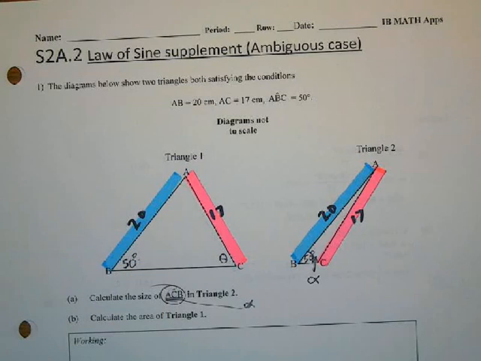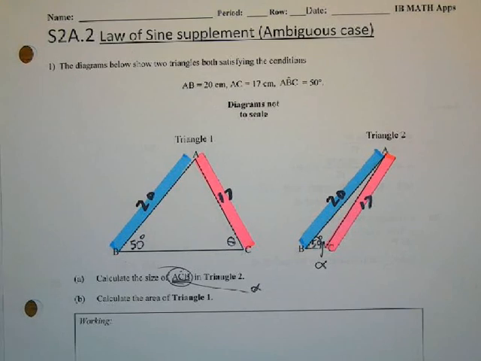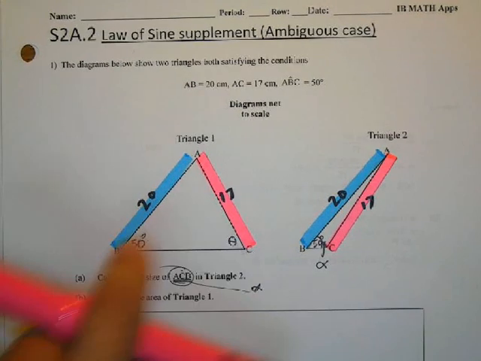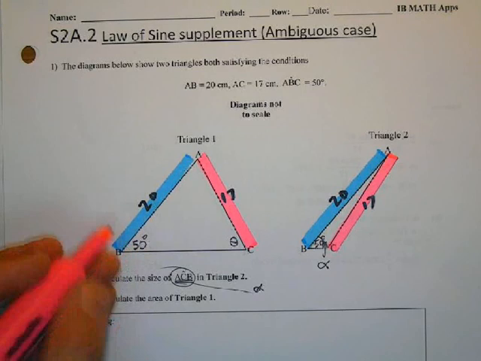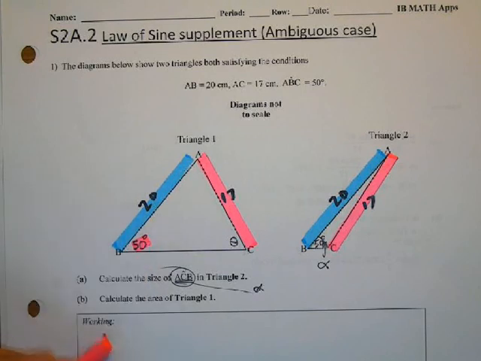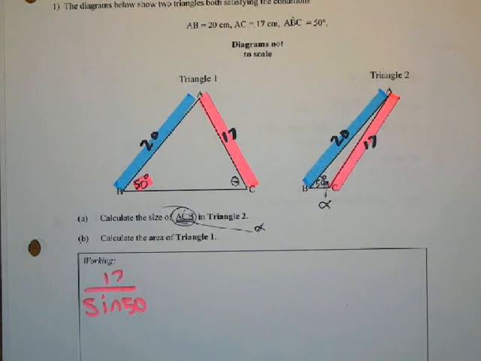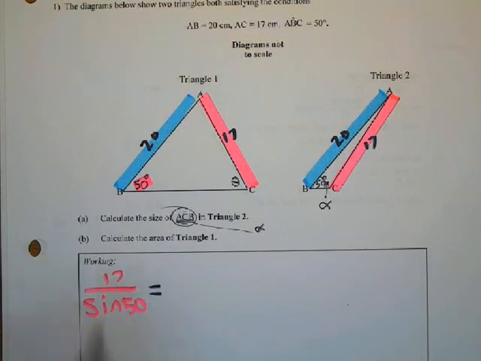Setting up the sine rule, I'm going to have 17 over sine 50 equals 20 over sine theta.